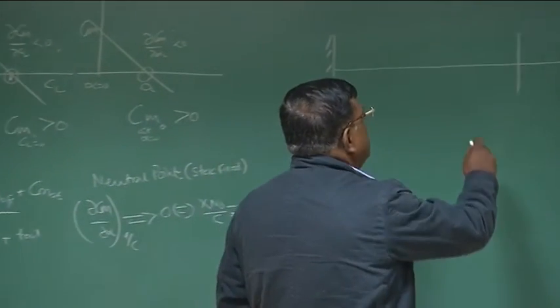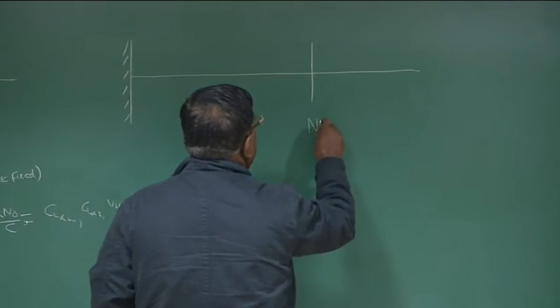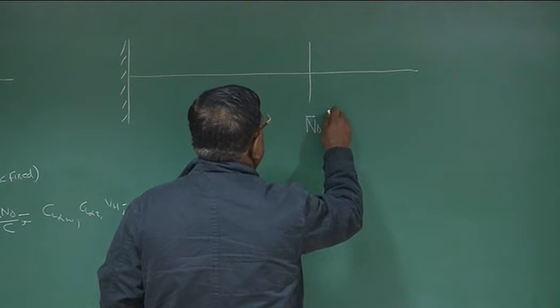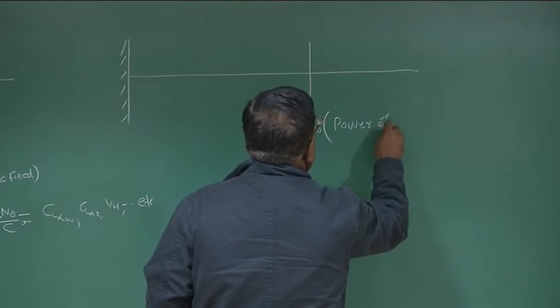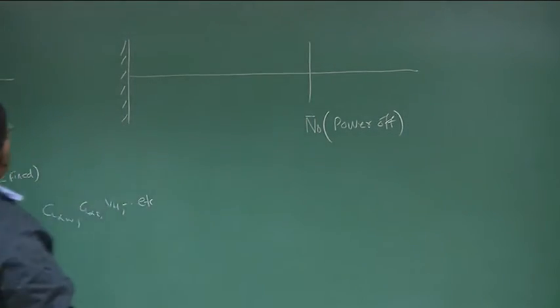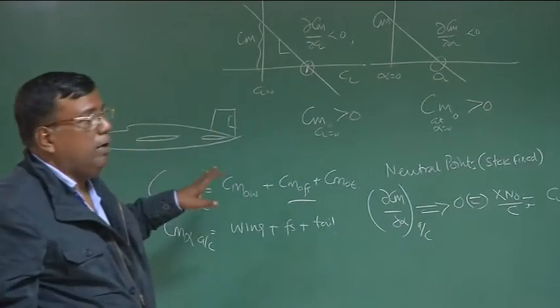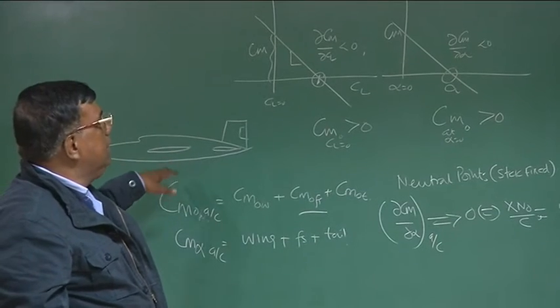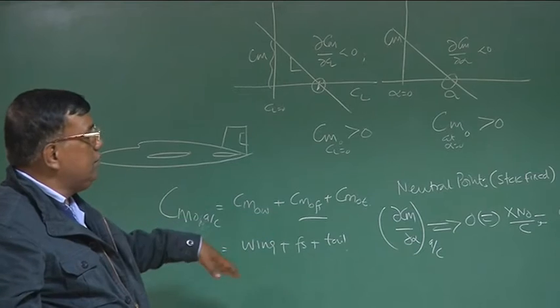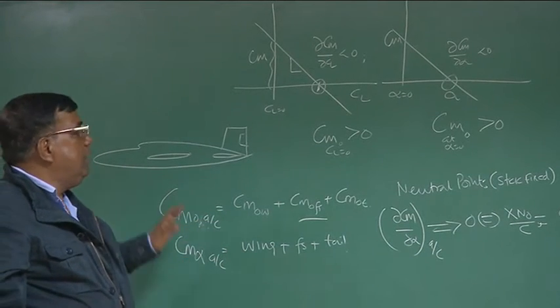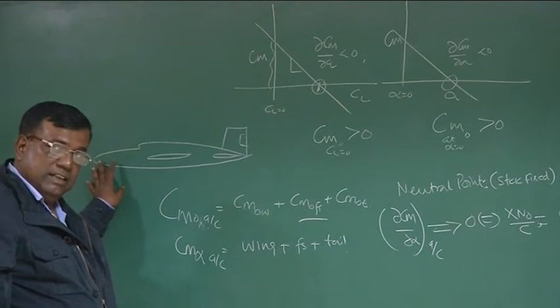So with this configuration, if this is N naught bar, which is typically, I said, power off. Why power off? Because in all this computation we have done so far, initially the wing contribution, tail contribution, then fuselage contribution, in these expressions we have not considered the thrust.